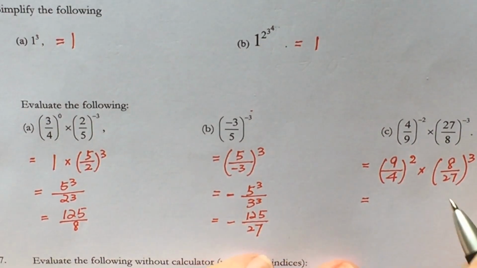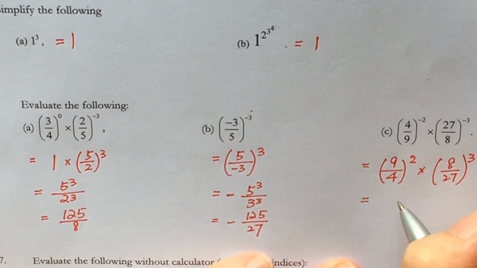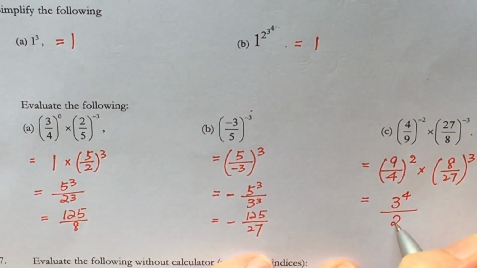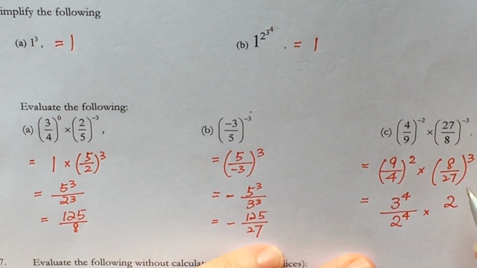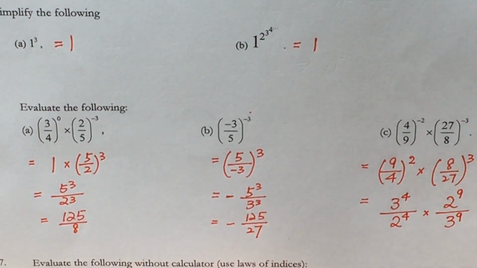So I am going to combine all of them using prime number base. So 9 is actually 3 square. So 3 square, so that will be 3 power 4. And then 4 is actually 2 square. So this will be 2 power 4. And then 8 is actually 2 cube. So 2 cube, this will be 2 power 9. And then this 27 is 3 cube. Cube, this will be also power 9.